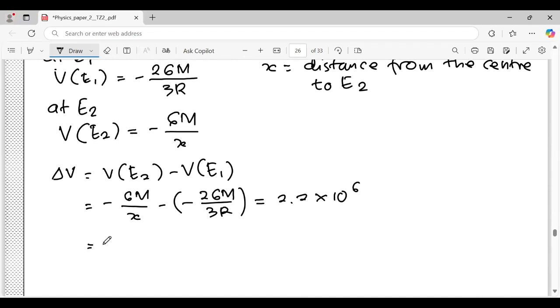And it becomes minus GM over x plus 2GM over 3R equal to 2.2 times 10 power 6.